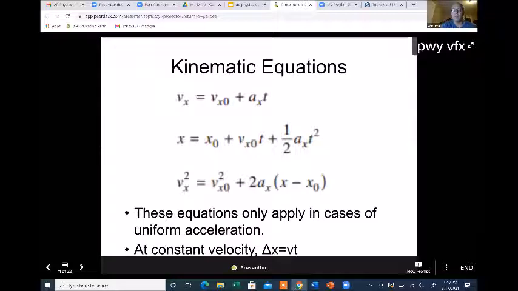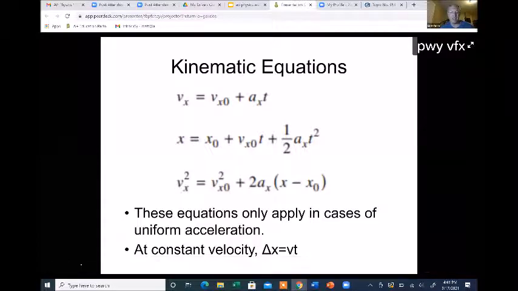The second one: final position equals initial position plus initial velocity times time plus 1/2 times acceleration times time squared. And the final one is final velocity squared equals initial velocity squared plus 2 times the acceleration times essentially the displacement, the final position minus the initial position.